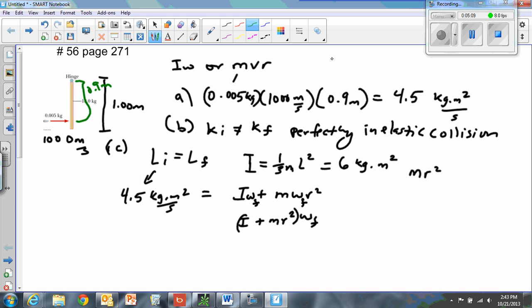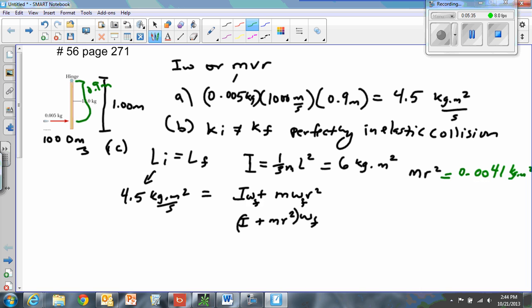So if I put that number in, I get m r squared equal to 0.0041 kilograms times meters squared.